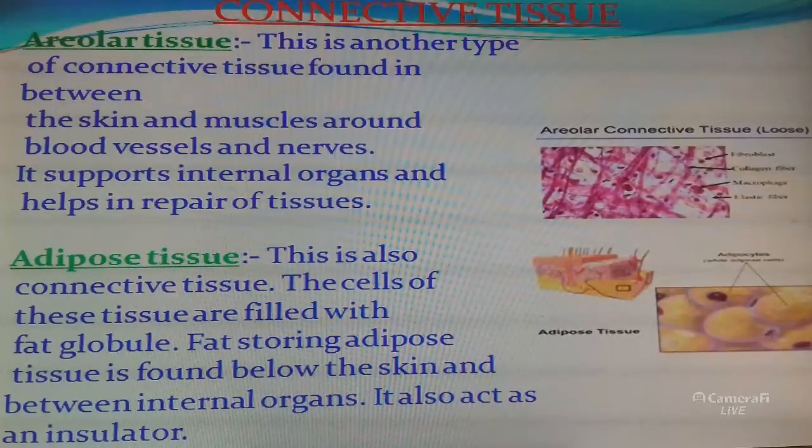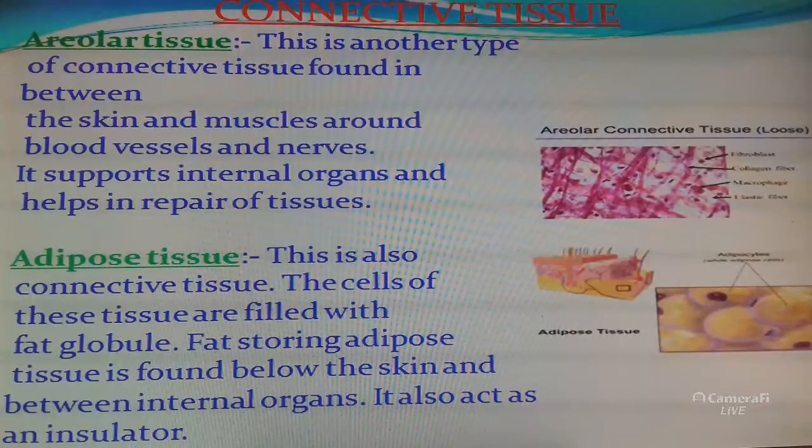Lymph is also formed of two components like blood. Blood is formed of two components, plasma and corpuscles. Lymph is also formed of plasma and corpuscles, but differs in characteristics.